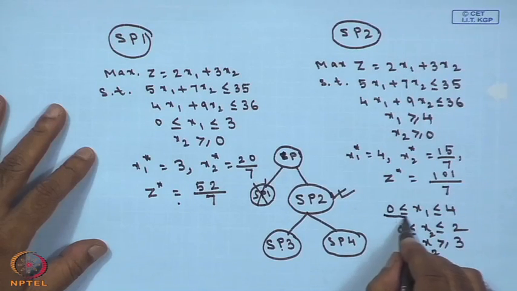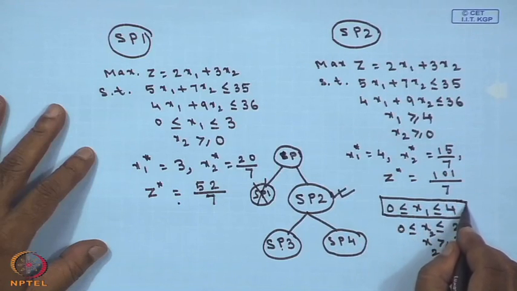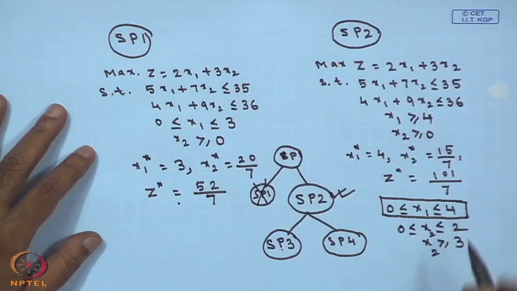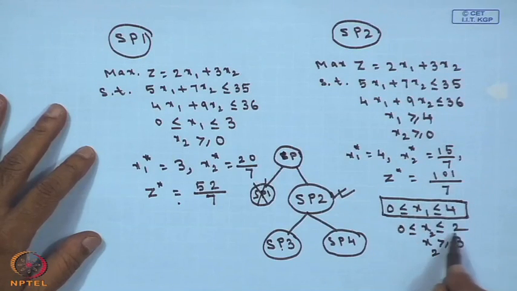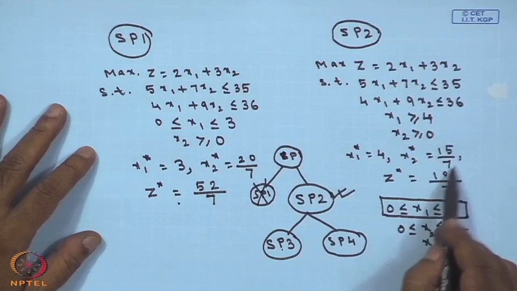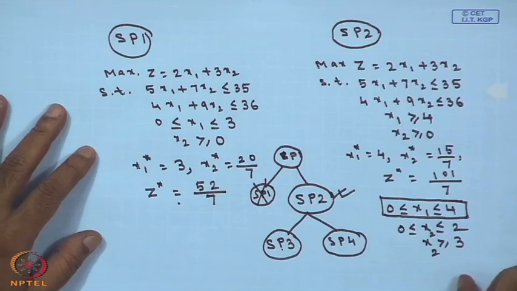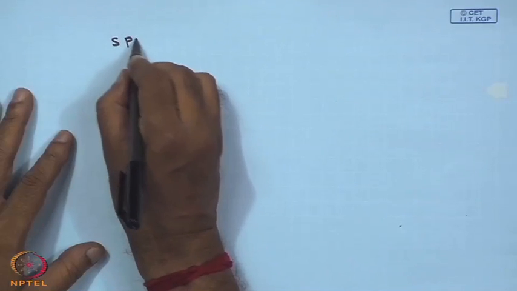For x1 you have fixed the limit, which became integer after breaking the original problem into two subproblems. Then one variable was non-integer, and on that you impose the condition: 0 less than or equal to x2 less than or equal to 2, or x2 greater than or equal to 3. Once you have done this, I can write down SP3 and SP4.